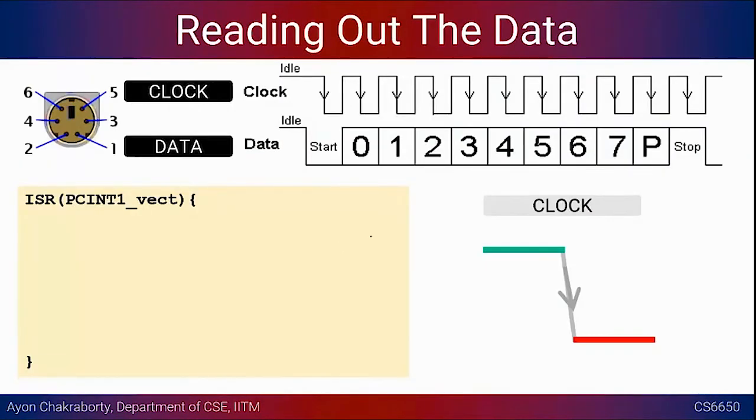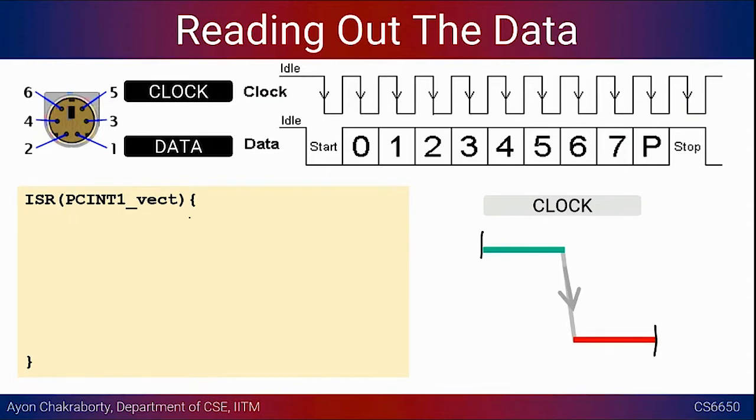So now the clock is there, and we also know the structure of the data, and we want to implement the interrupt service routine. On the right-hand side, I also show you a picture of how the clock pulse will change, and maybe this is one instance of the clock. Sometimes it is in the high state, and then it flips back to the low state.